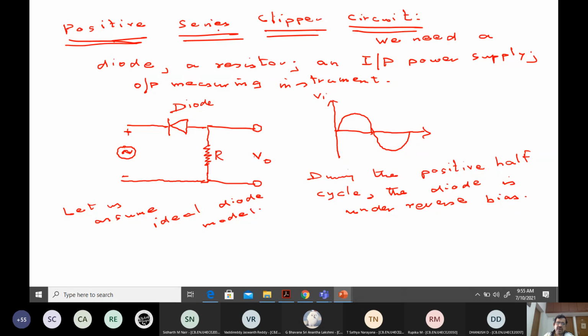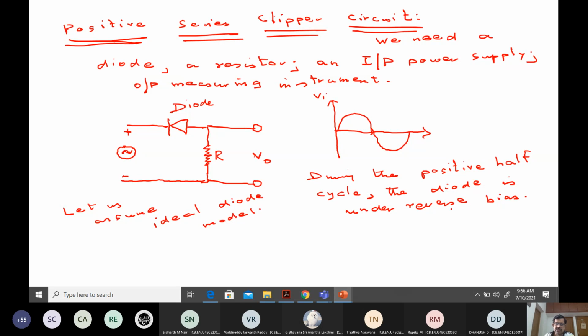And why did I use the word series here? Because the diode is in series with the input, and the output is measured not across the diode, rather it is in series because of the way it is connected.